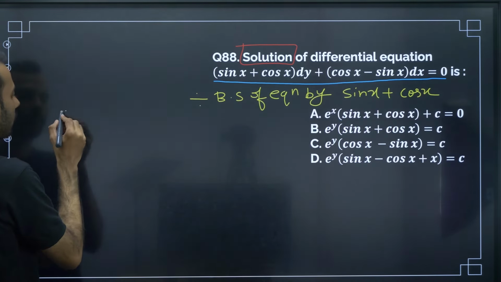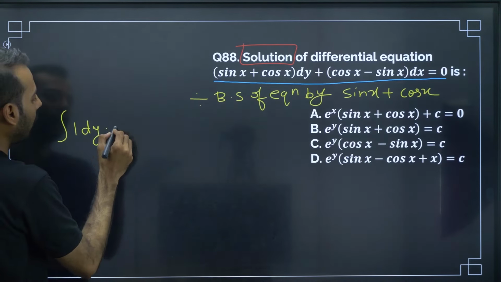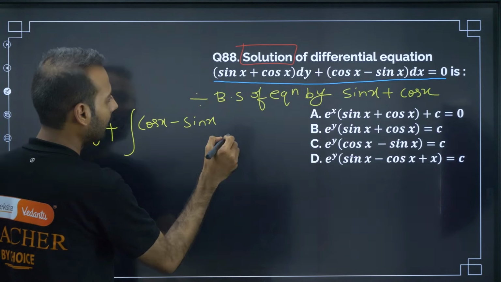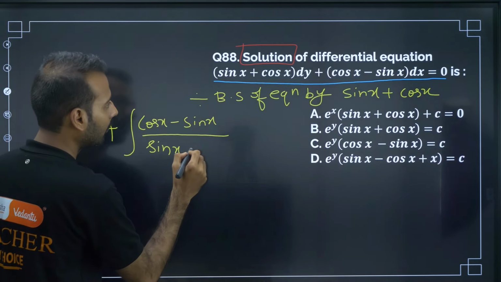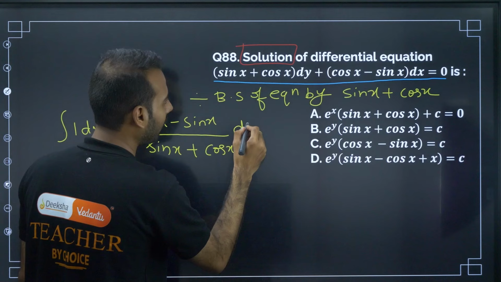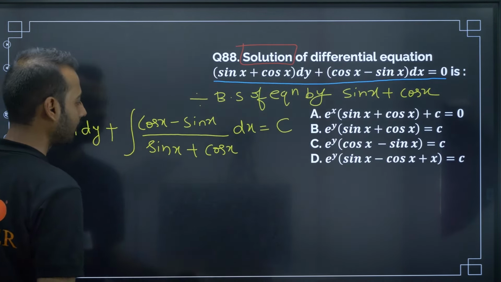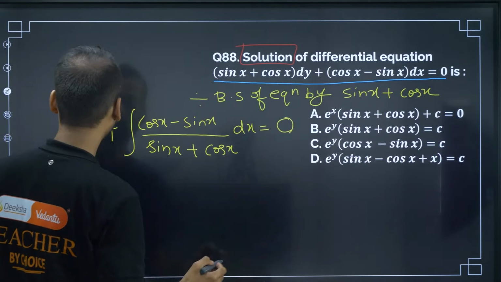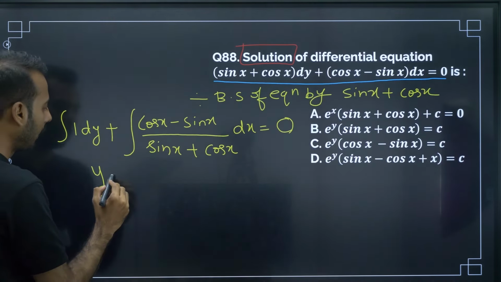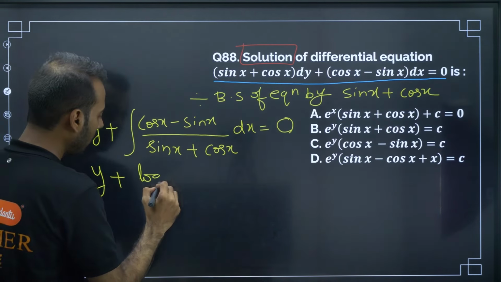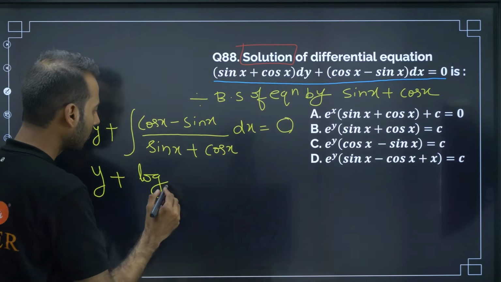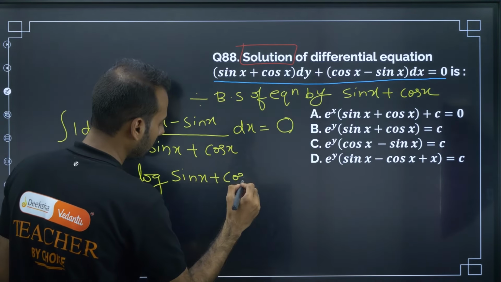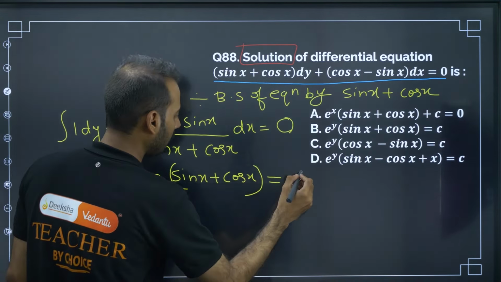So this equation gets transformed to 1 dy plus integration of cos x minus sin x divided by sin x plus cos x dx is equal to c. Now if I integrate this, this is y plus log of sin x plus cos x is equal to c.